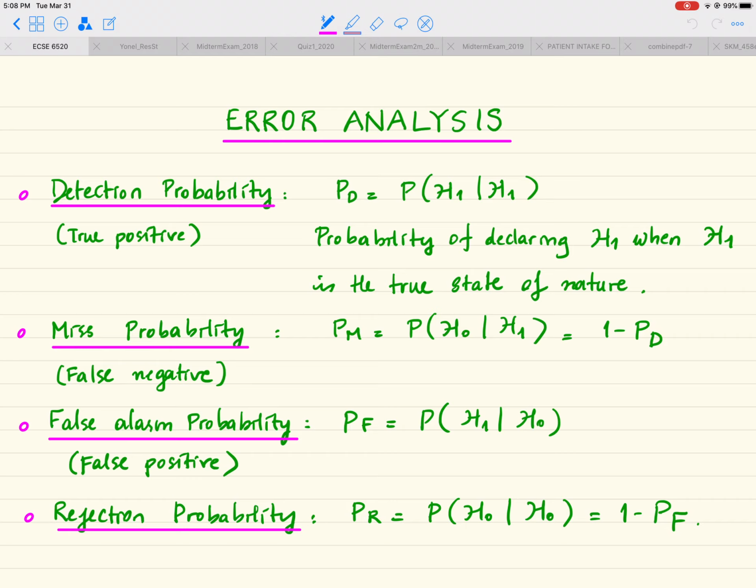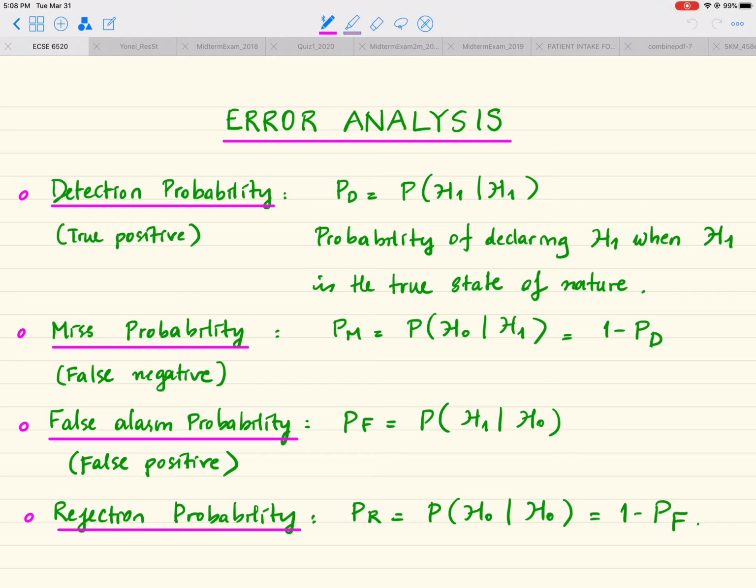It's typically defined as, given that the true nature of the state is that the alternative hypothesis is true, the probability of declaring H1 is called probability of detection. Or to put it simply, the probability of declaring that the target is present when actually there is a target.